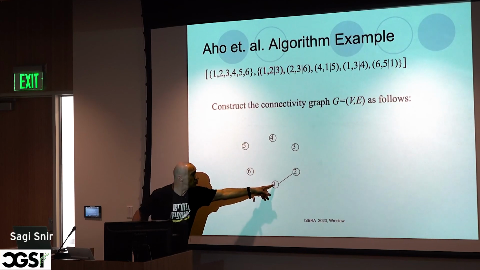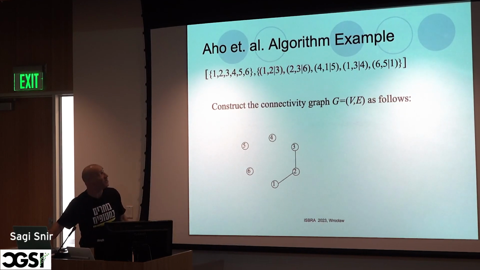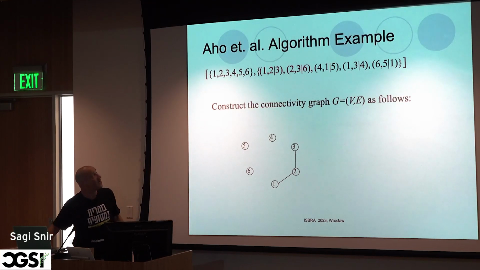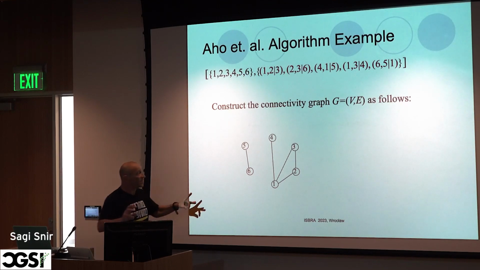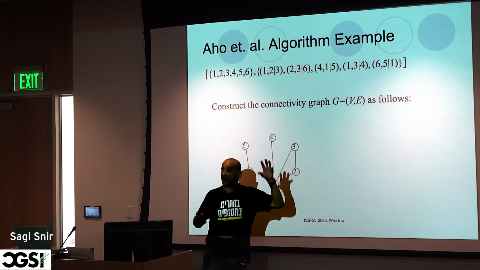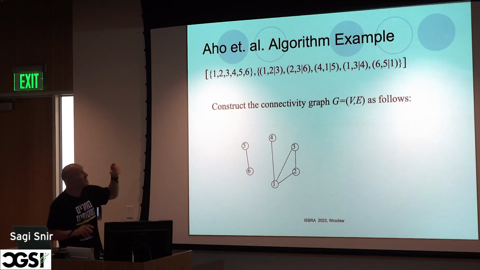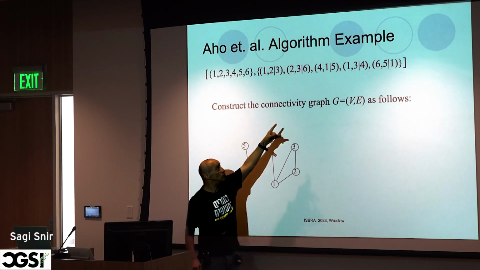You see 1 and 2, we join them in the connectivity graph. Next, we join 2 and 3 because of that second triplet. 4 and 1, 1 and 3, and lastly 6 and 5. That's it. This is the connectivity graph that is induced by that evolutionary input.